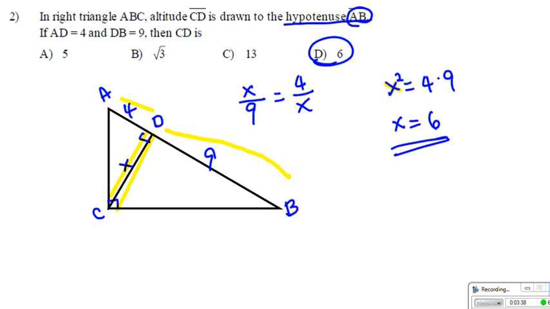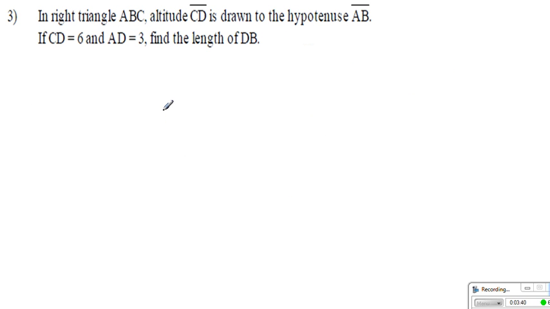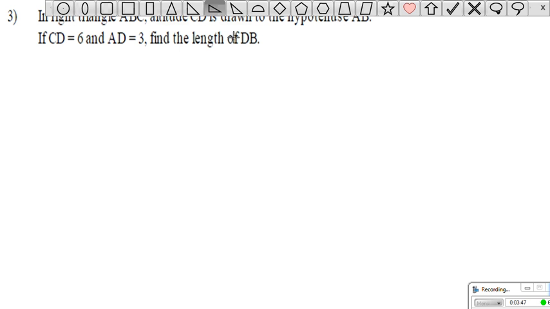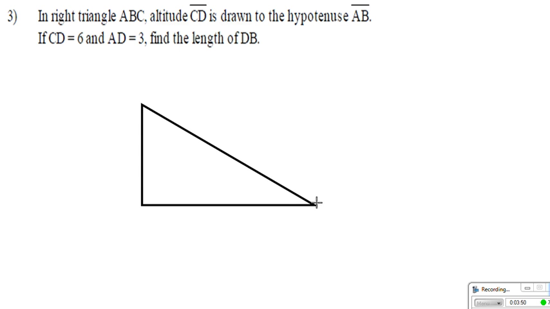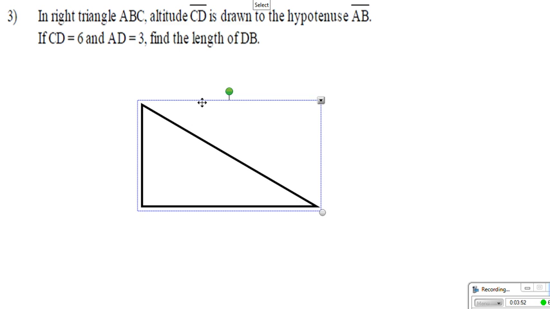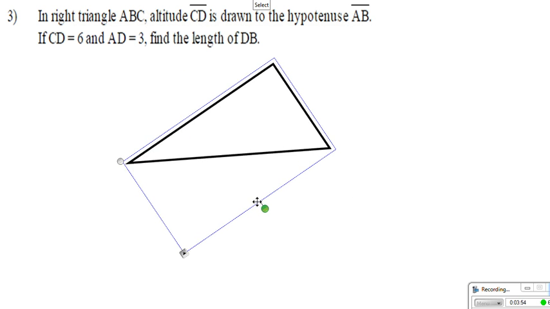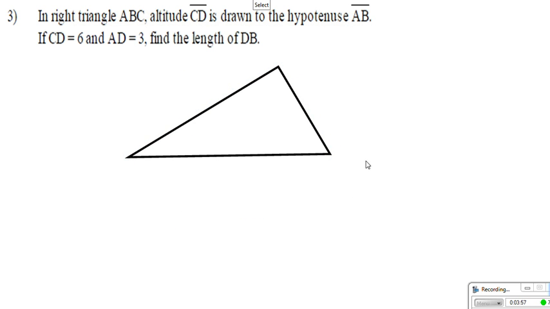Alright, let us look into the next question here. Similarly, we get to realize that here, I'm going to just turn it this way a little bit. And then hypotenuse AB is drawn right over here, and then C is given.